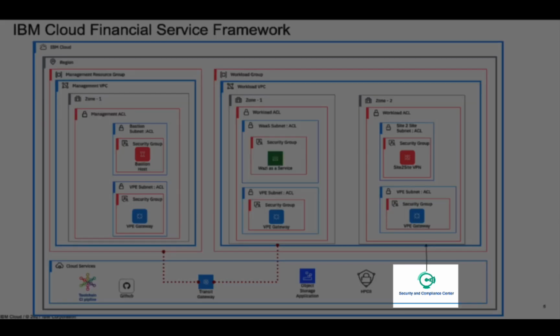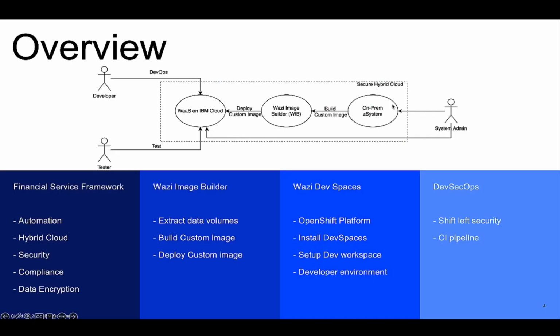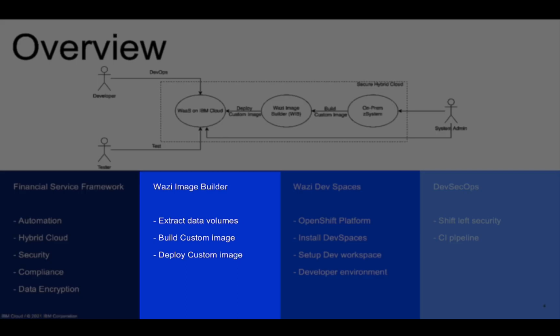Also at the bottom, you can see the security and compliance that will monitor using the industry compliance controls on the infrastructure. Once we have the cloud environment set up with site-to-site VPN connection to on-prem, data volumes from source Z systems are extracted and deployed in IBM Cloud as block storages, which are then attached to WASI instance.